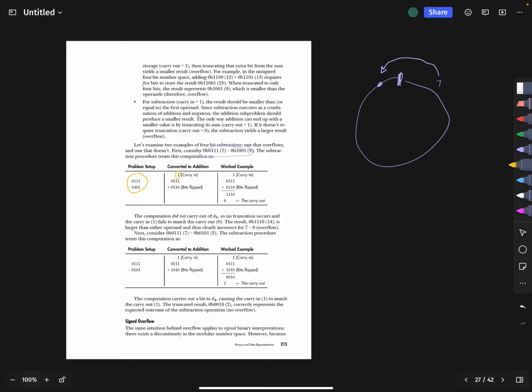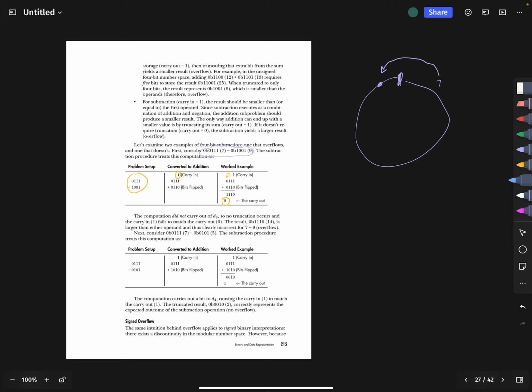So when we perform the sum, I think the point they're getting at here is that this time the carry in to the most significant leftmost bit is a 1, and the carry out is a 0. Oh, I think I was missing what the book was saying before. I think the book is, in fact, giving a different rule than what I initially understood.